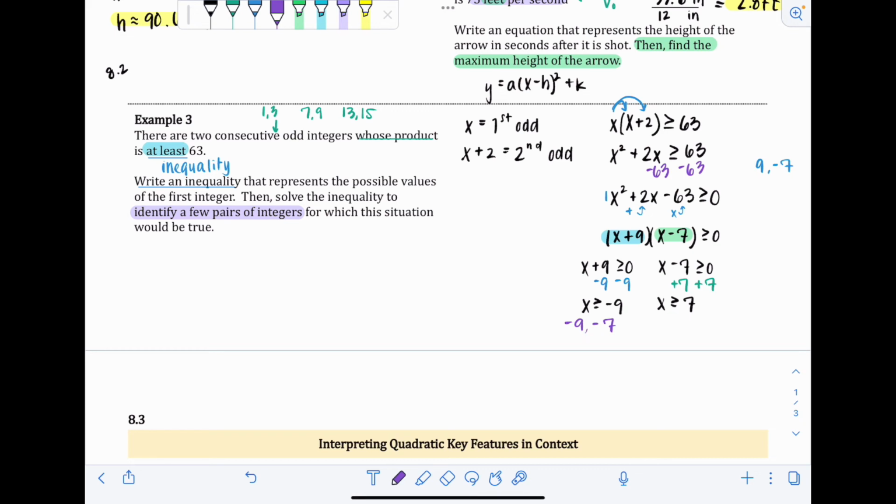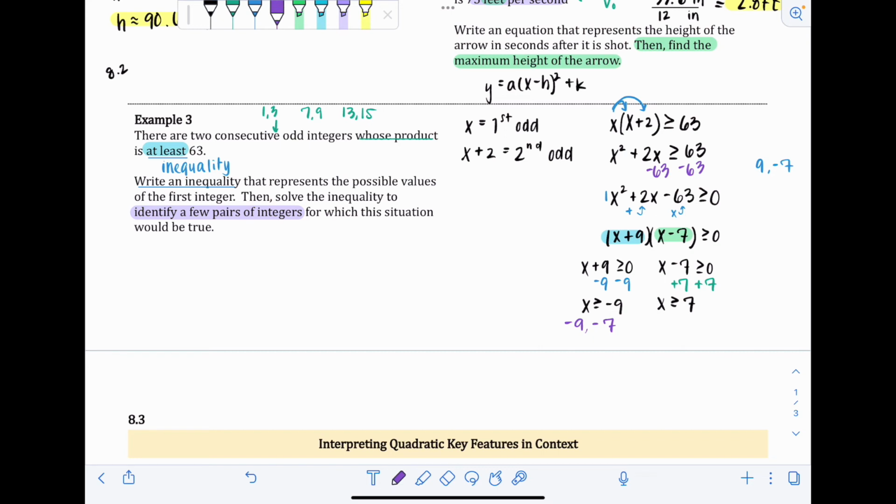Or we could do, let's see, negative 7 and negative 5. Those are both consecutive, but this is the first odd. Oh no, that's not right. Sorry, I lied to you. I think I'm overthinking it. But anyways, I'm going to jump over to x is greater than or equal to 7. I might have to clarify that in the live session. I just don't want to waste time on the video doing it.